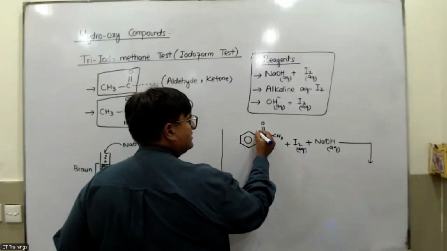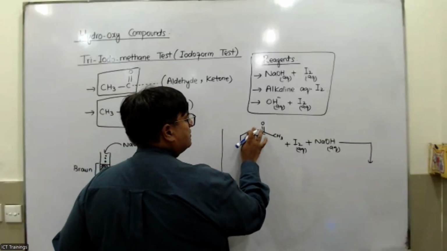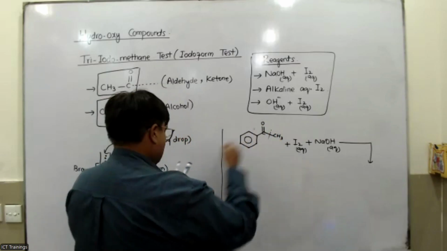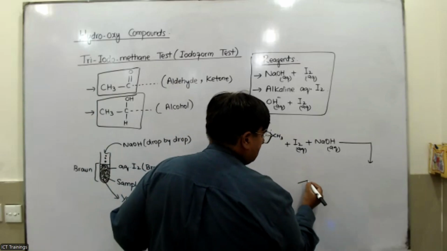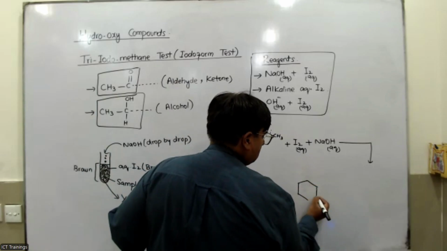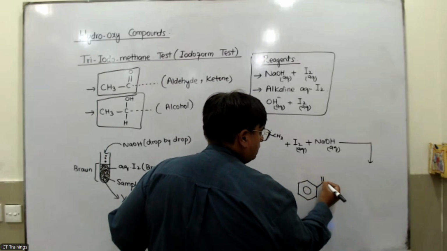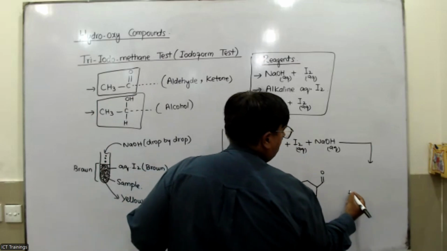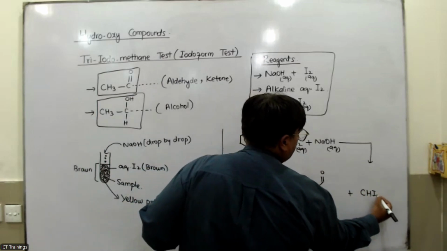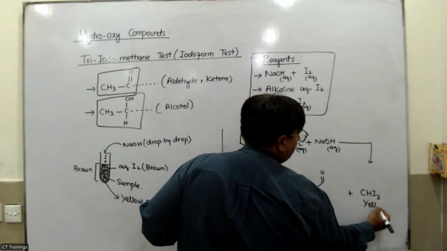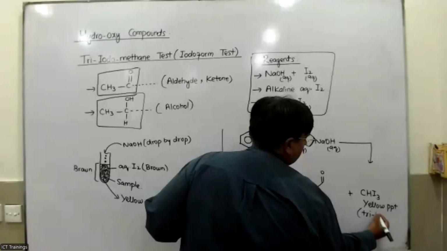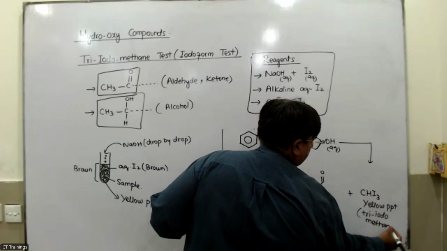You break this bond from here, and write this part separately: benzene with C double bond O. The CH3 joins with the iodine to form CHI3. This is forming the yellow precipitate, the triiodomethane.